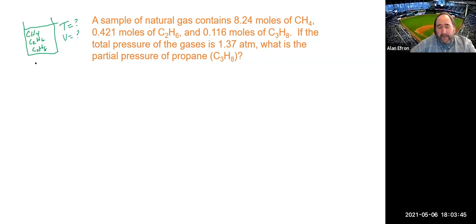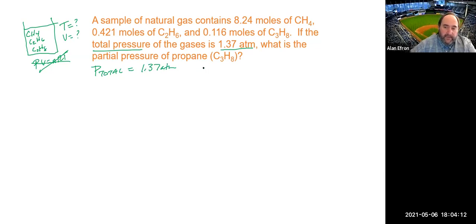That's going to pretty much eliminate the usefulness of PV equals nRT here, because we don't have any numbers to use with that. We definitely have moles, and we do have one piece of pressure information, which is the total pressure, equal to 1.37 atmospheres.